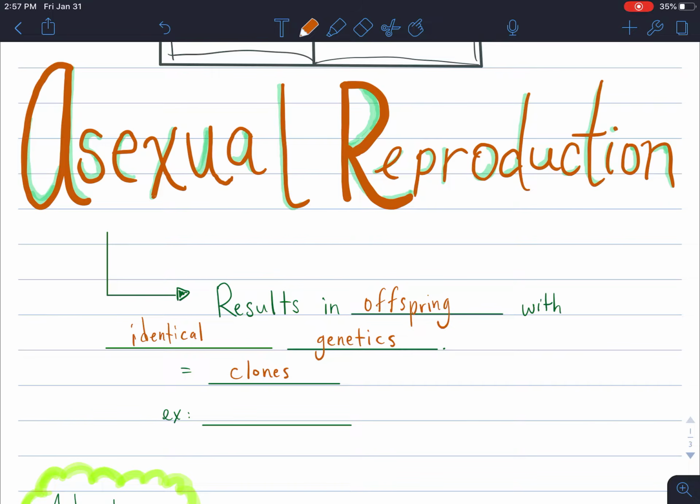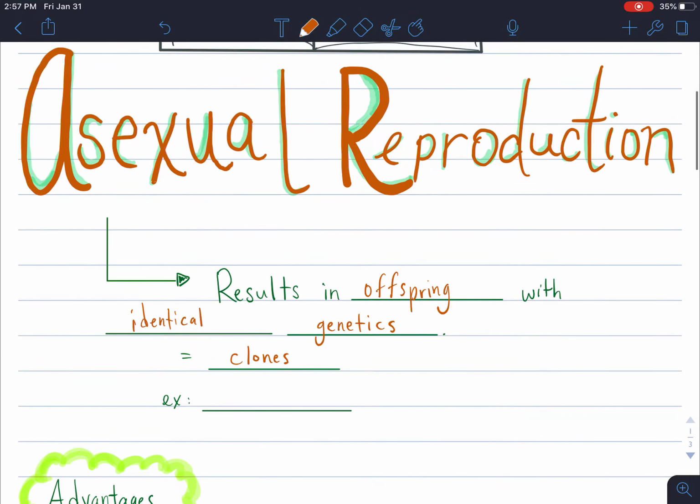And this is not really common in a lot of species. It's a very simple type of reproduction, so it's going to be more common in simple species. Yet there is an example in humans where this can occur. And it's not that the human itself can reproduce asexually, but when a female's egg is fertilized by a sperm, that cell, after it's fertilized, can actually split into two and create identical twins.